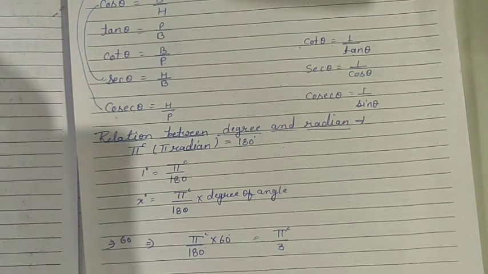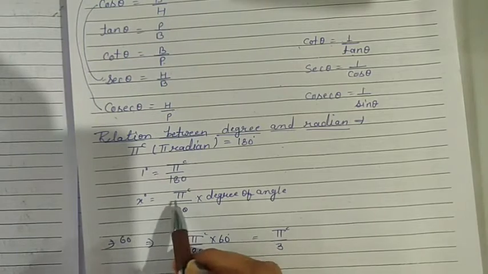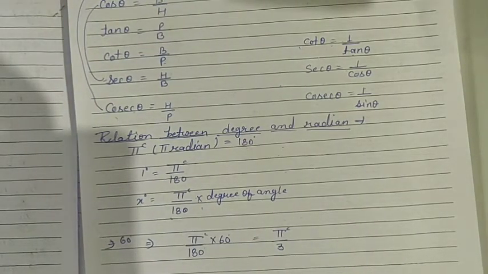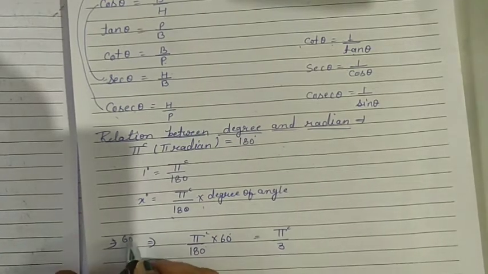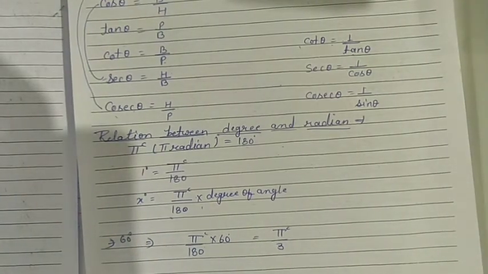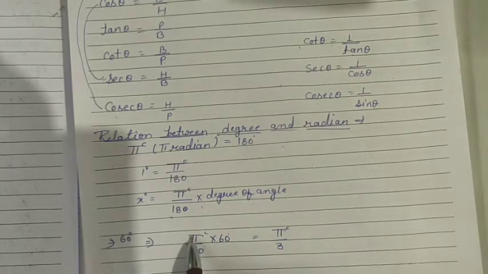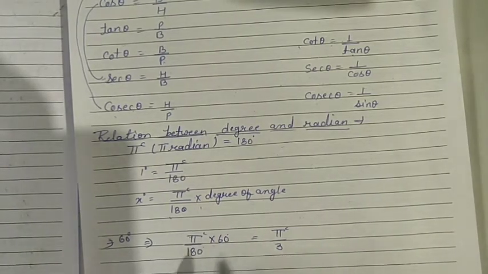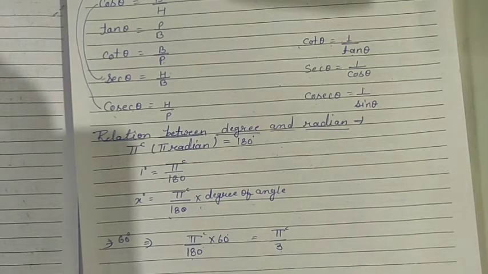And if you want to change a given degree into radian, then given degree equals pi radian upon 180 into the degree of the given angle. For example, we have to change 60 degree into radian. Okay, so pi radian upon 180 into 60 is equal to pi upon 3 radian. Okay students, pi upon 180 into the degree of the given angle.